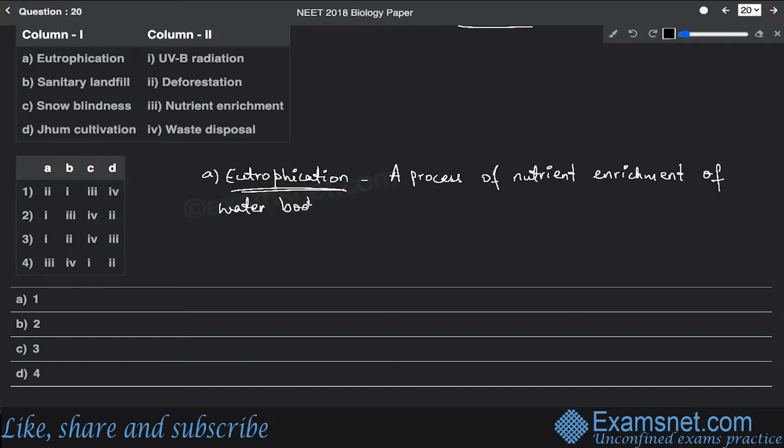Water bodies resulting into excessive growth of planktonic algae.